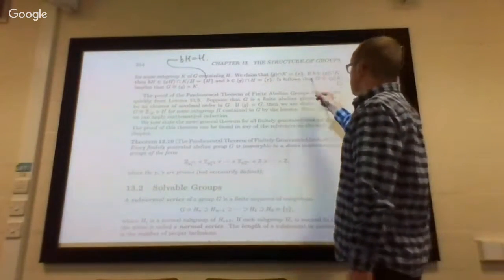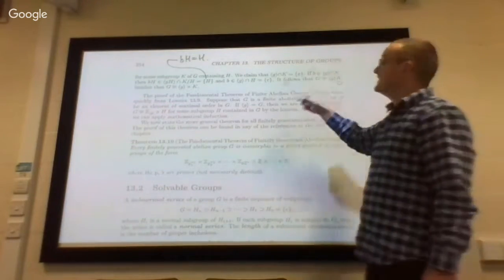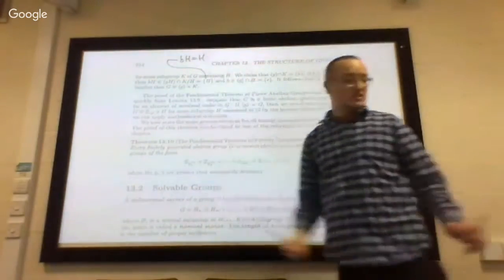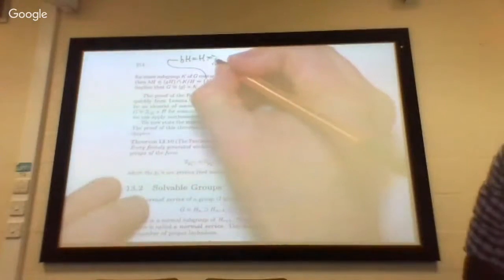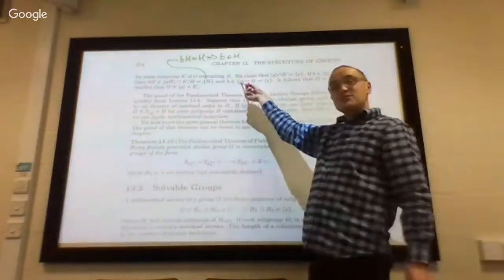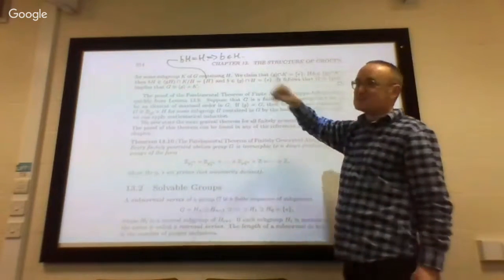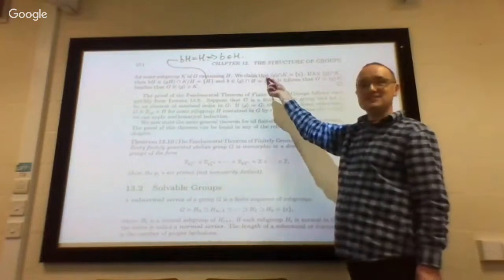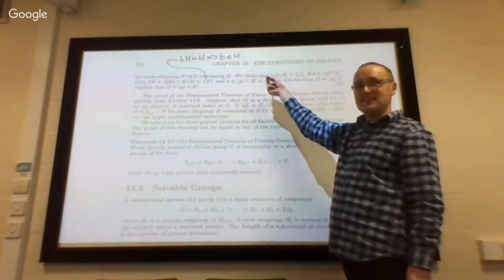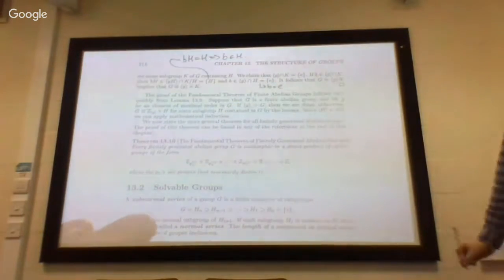But if b is in H, then it had already started out in the cyclic subgroup generated by g. So if it's now additionally in H, then it's in the intersection of the cyclic subgroup generated by g and H. But a couple of paragraphs ago, we proved that that only consisted of the identity. So from this line here, you get b is equal to e.